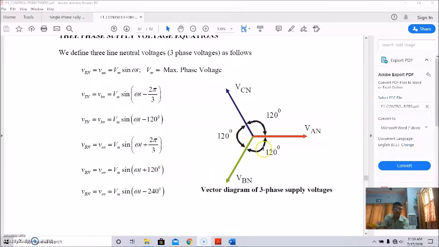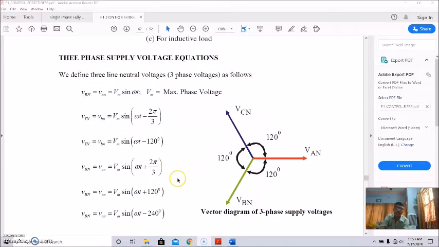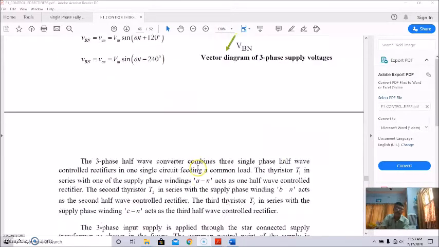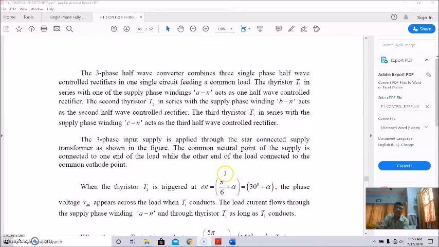That means with reference to this A, it will be omega t minus 240 degrees. Okay, you all know these are the three-phase supply voltage equations.